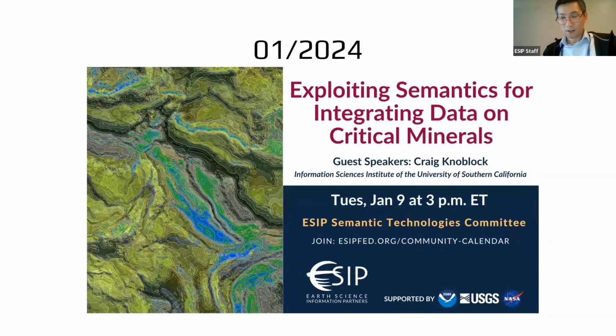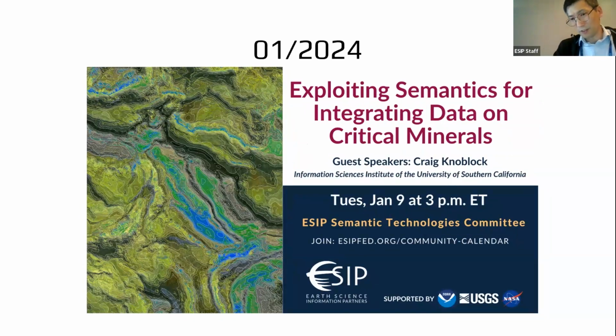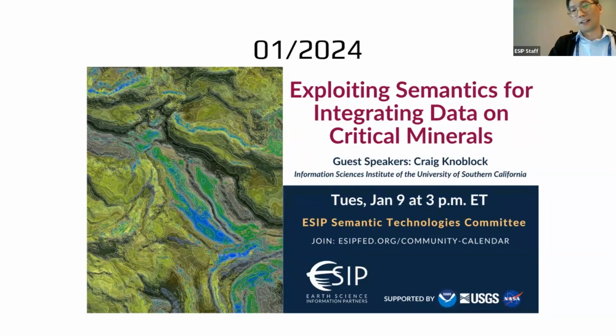And the third one was from Craig Lovelock. He's from the University of Southern California. His work is really interesting because it also addresses a topic of national importance, critical minerals. And in his work, I think this is a DARPA funded project, but also with support from USGS and a few other resources.